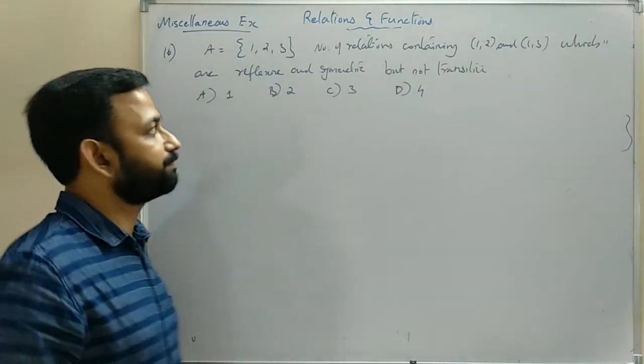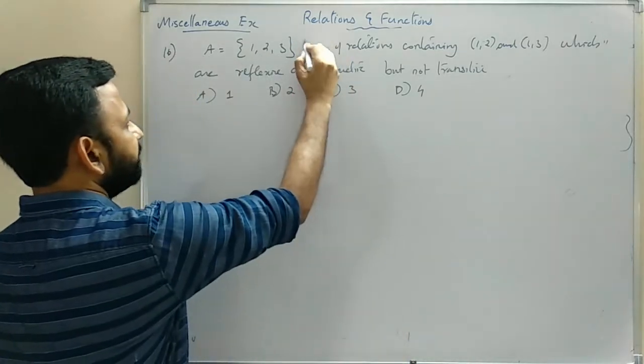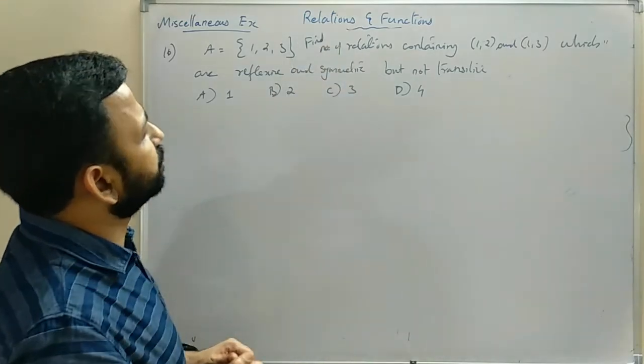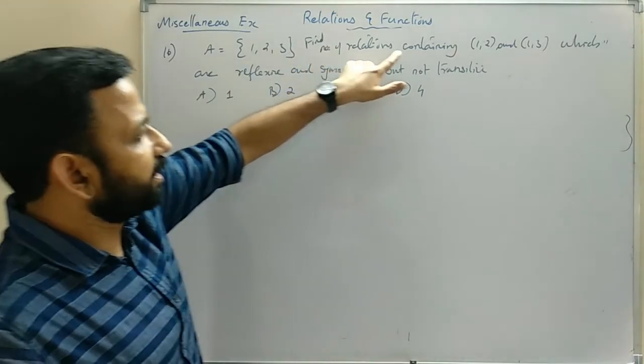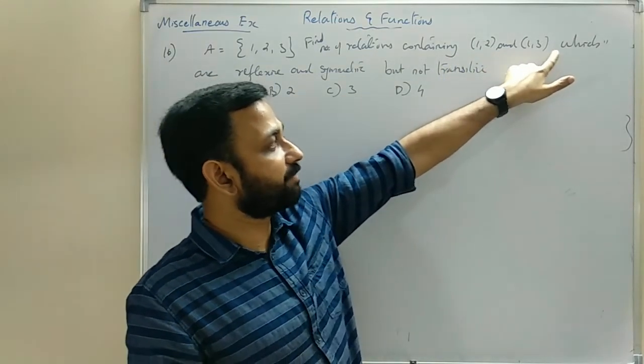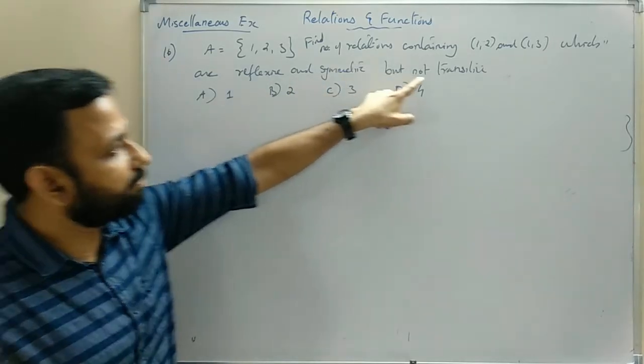So this is our question. A is given, A is the set {1, 2, 3}. Find the number of relations containing ordered pair (1, 2) and ordered pair (1, 3), which are reflexive and symmetric but not transitive.